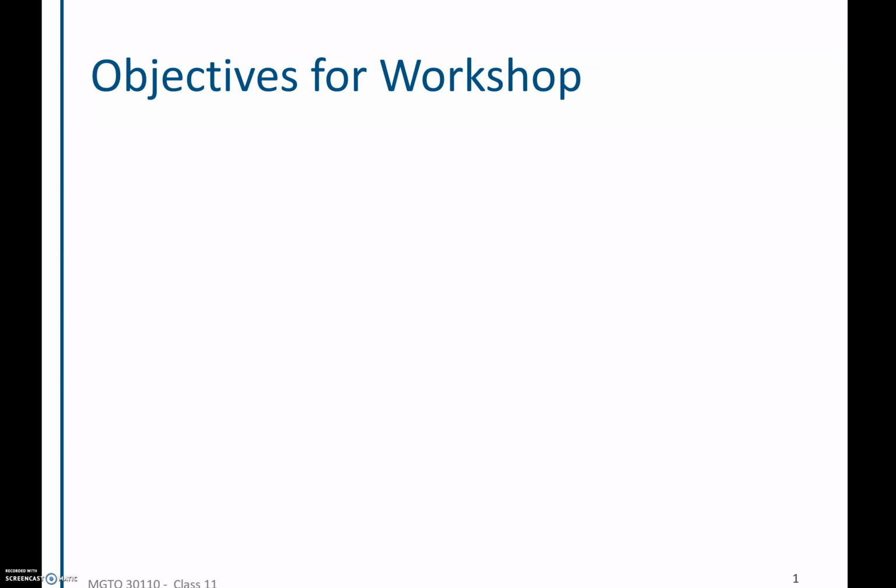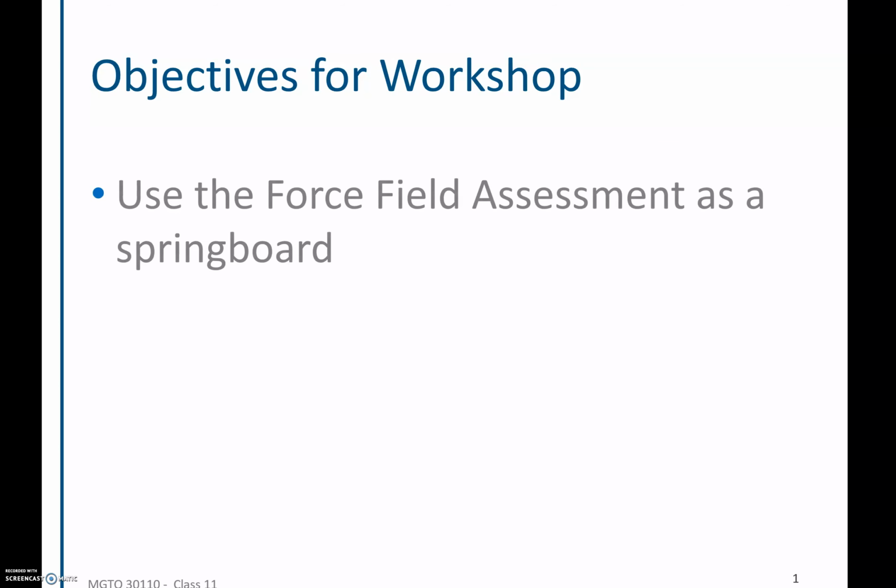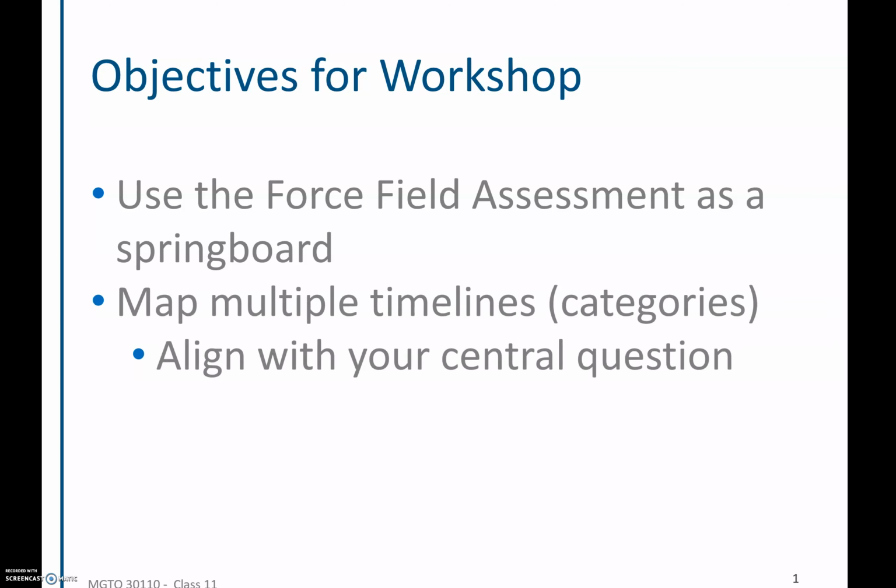So for the workshop, here we go, right? Even if your force field assessment is not complete, you should have a good understanding of what the categories are. Use that as a springboard to help you populate the aspects of your historical assessment.